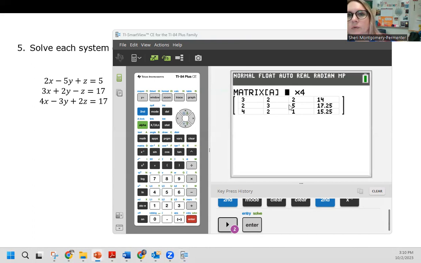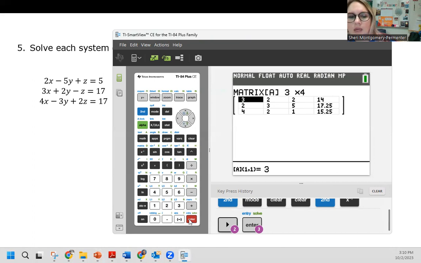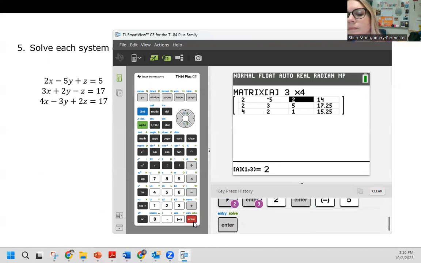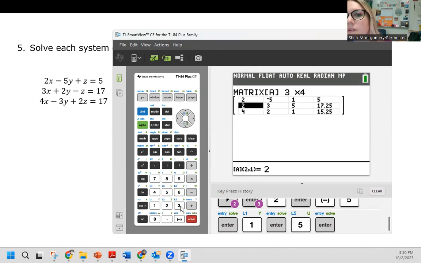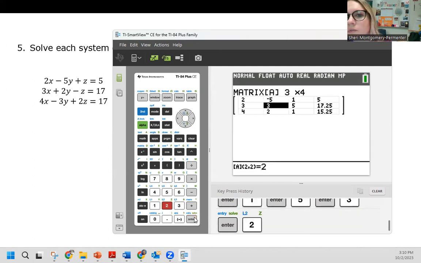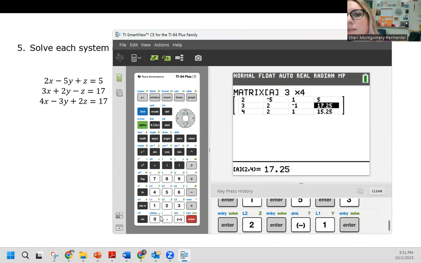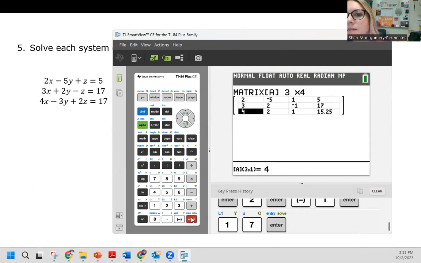And then I'm going to type in my matrix. It's a 3 by 4. So I have 2, -5, 1, 3, 2, -1, and then 17, 4.